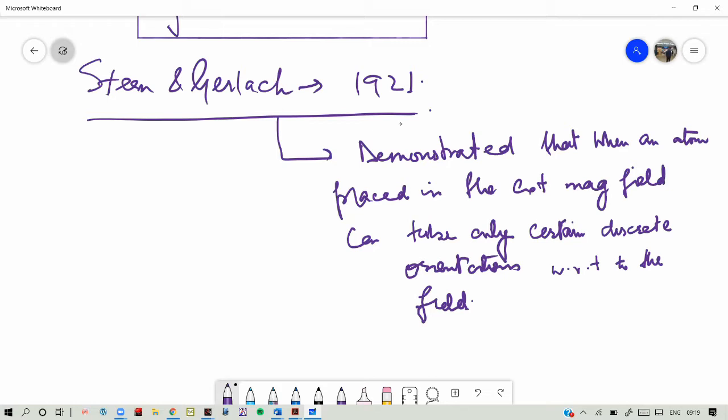Stern and Gerlach concluded that it is a space quantization, that means the quantization of the orbital angular momentum with respect to the applied field. But later on, it was found that it was actually a spin angular momentum. How it all happened, we will discuss in this class.